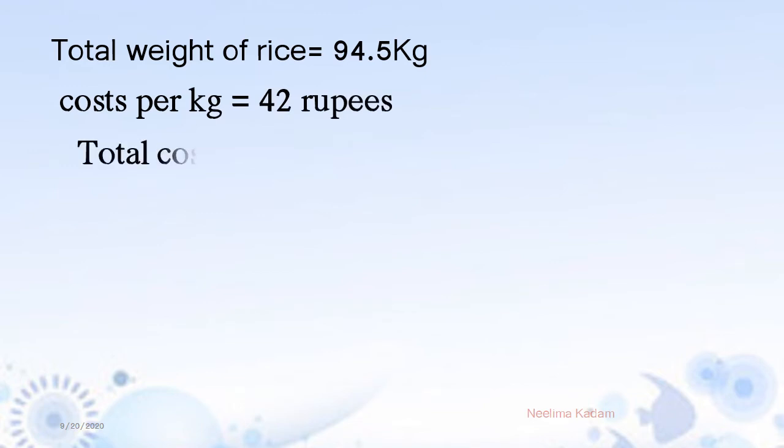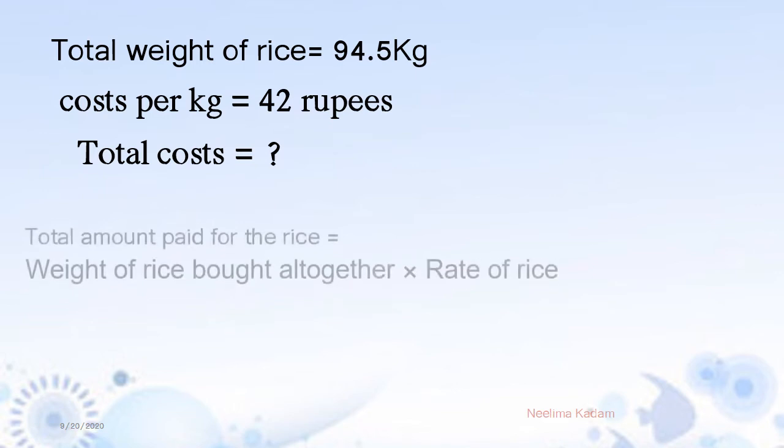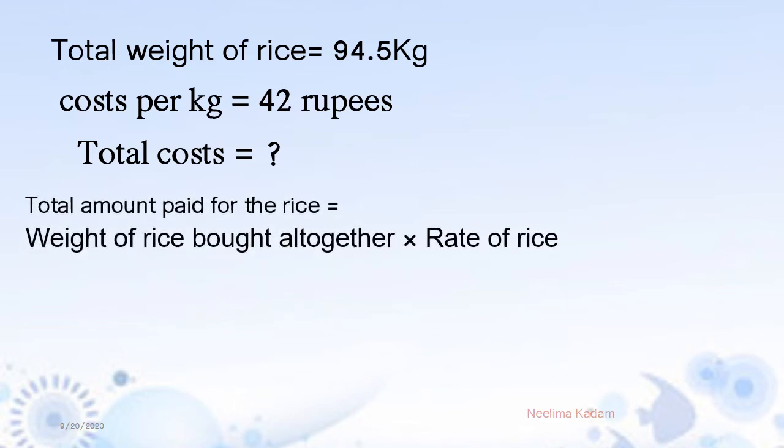So what is the cost of 94.5 kg rice? Again we have to multiply this. So the total amount paid for the rice will be equal to the weight of rice bought altogether into the rate of rice. That will be equal to 94.5 into 42.